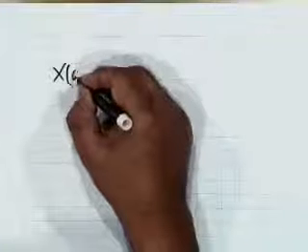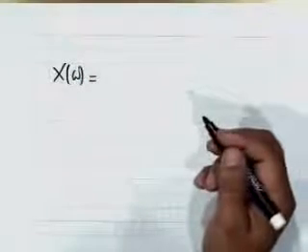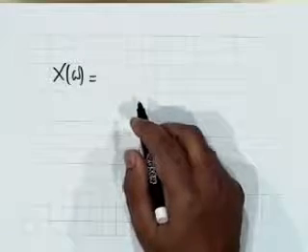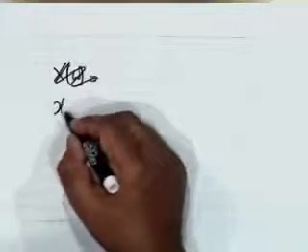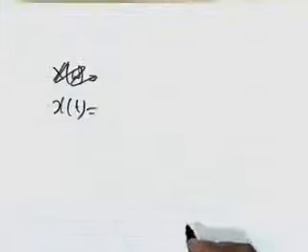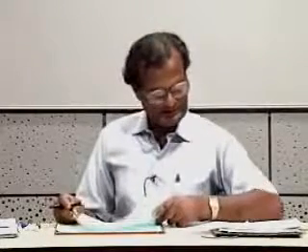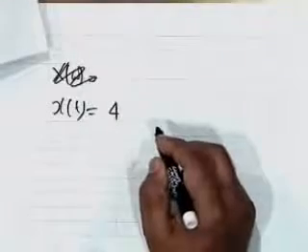The expression shall be like this: capital X of omega. Now first you have to write the time domain expression, all right. So you have to write x of t. X of t, if I start from, let's say, the signal at minus 4, the amplitude is how much? 4. Amplitude is 4.